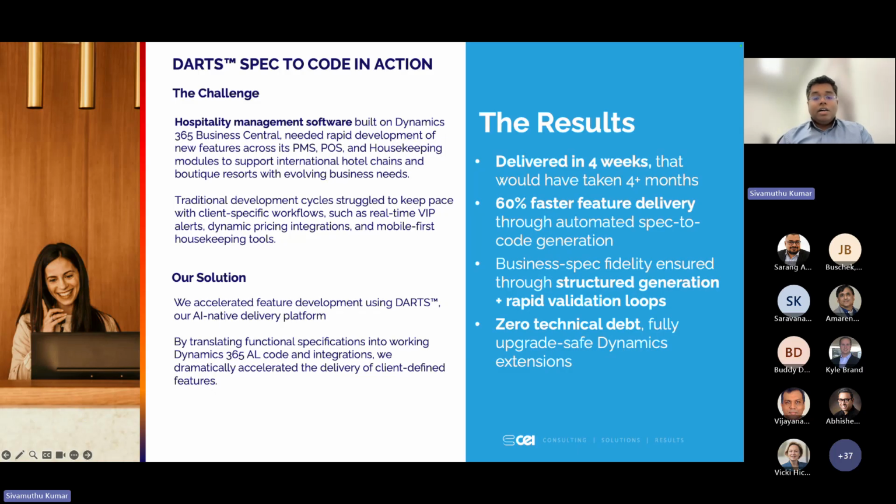We had business spec fidelity, ensuring everything is implemented with structured generation and rapid validation loops, and zero technical debt because it's a fully upgrade-safe Dynamics extension. That's how spec-to-code brings results in real-world use cases.